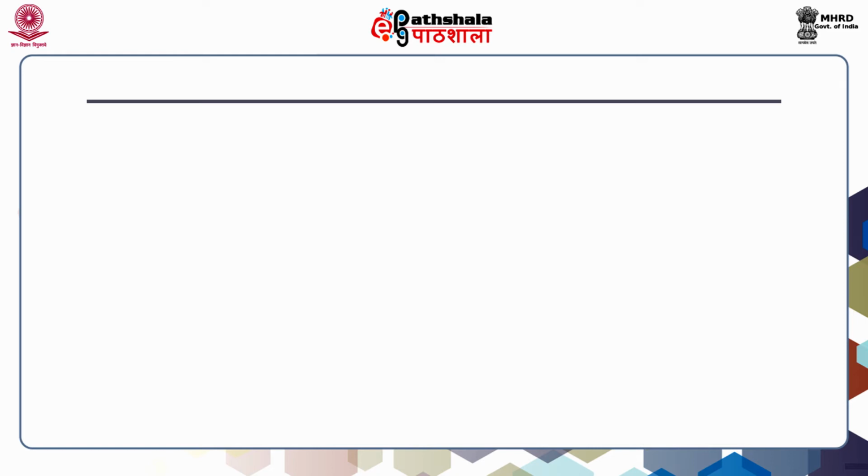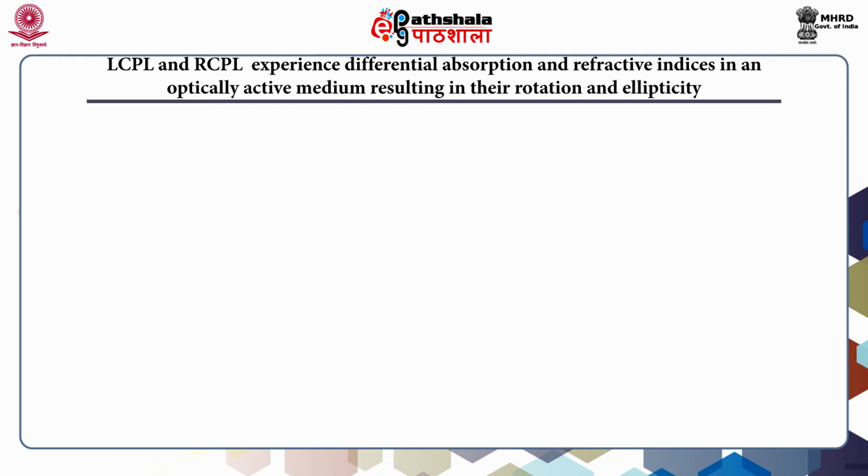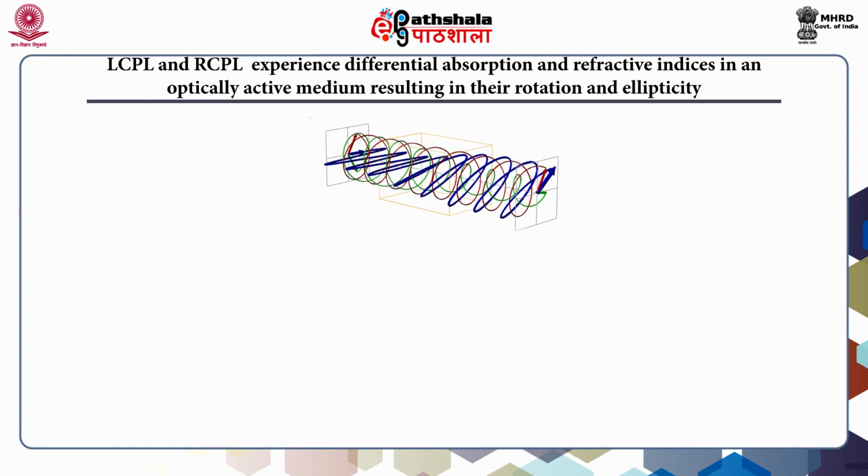But in reality, an optically active medium will absorb as well as rotate the light. In this slide, I am showing LCPL and RCPL experiencing differential absorption and refractive indices in an optically active medium, resulting in their rotation and ellipticity.